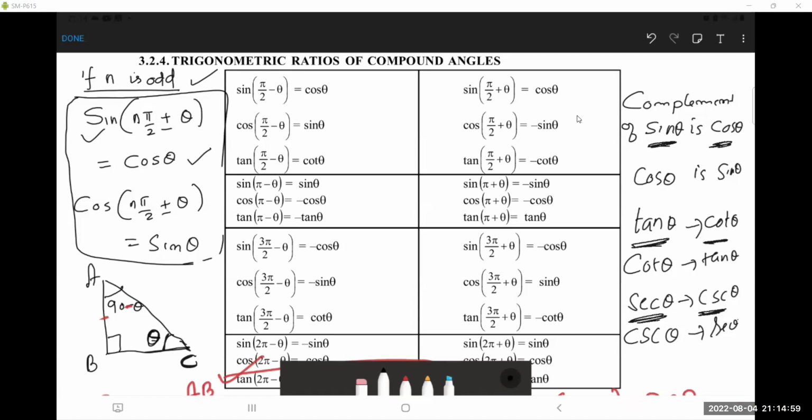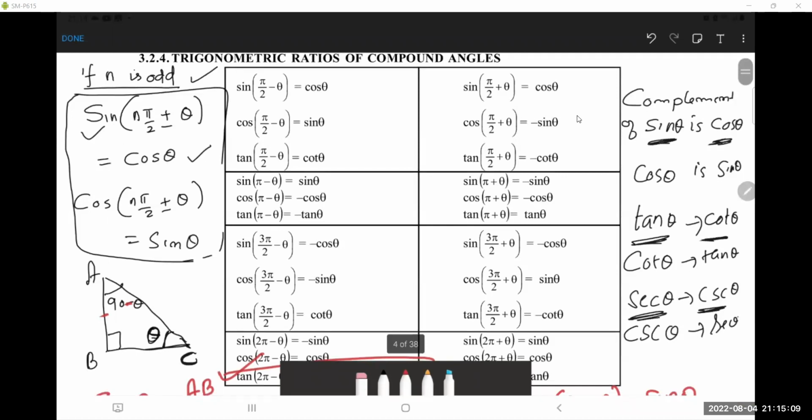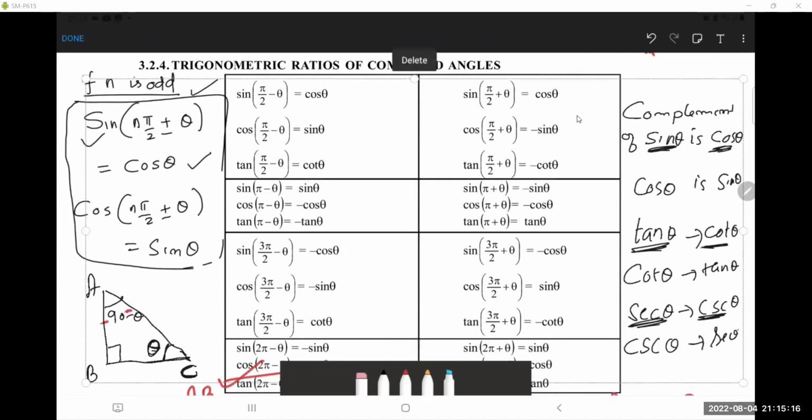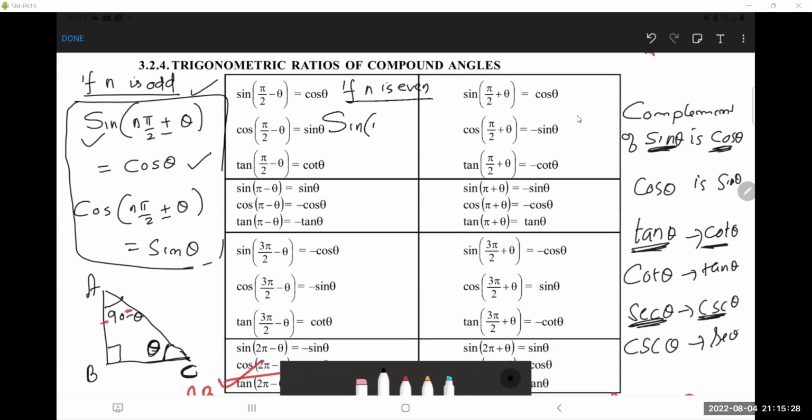One more result I will tell you, then we will stop now. If n is odd, sine will give a cos. It's complementary, you have to tell. But if n is even, what will happen? If n is even, sin of n pi by 2 plus or minus theta will be equal to sin theta.